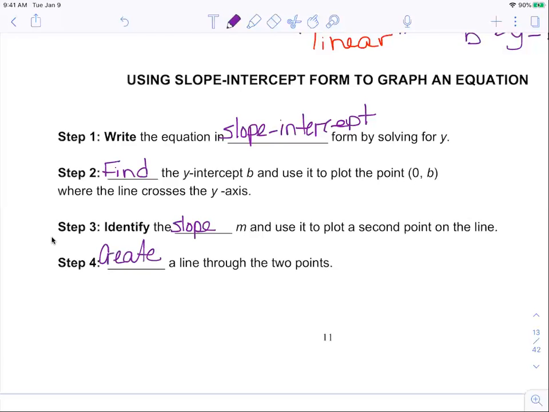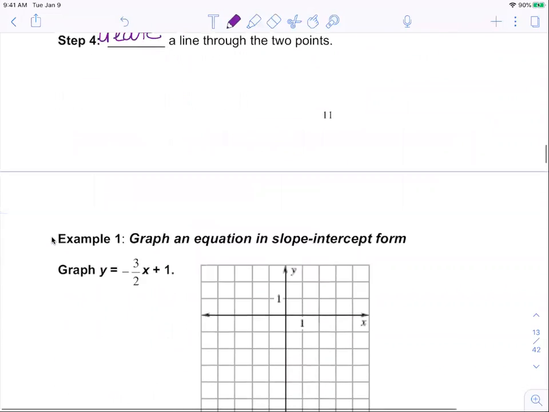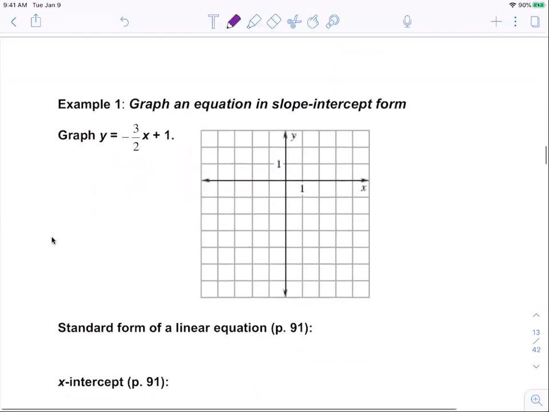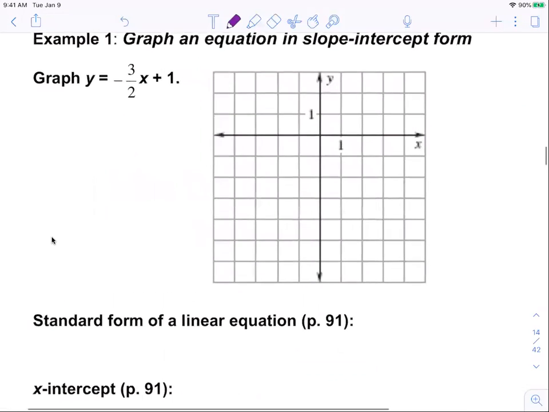Draw the line through those 2 points. So it seems pretty straightforward. Write it in y equals mx plus b form, slope-intercept form, find the y-intercept, identify the slope, make a line. So we're going to see if we can review graphing an equation in slope-intercept form.